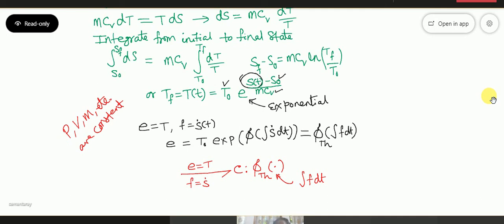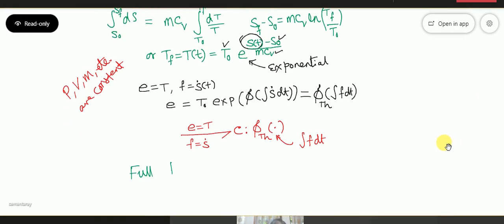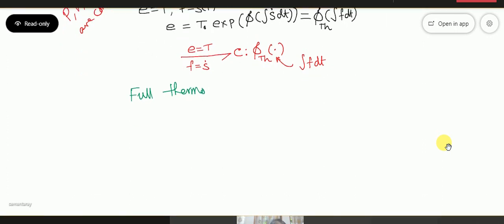Full thermodynamics of a gas. There will be a multi-port C.